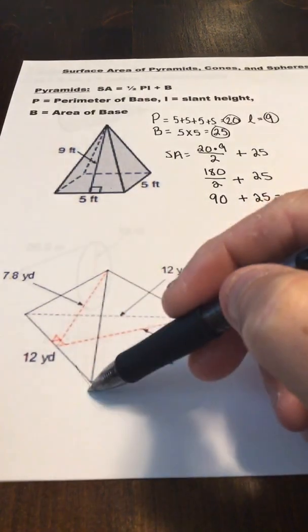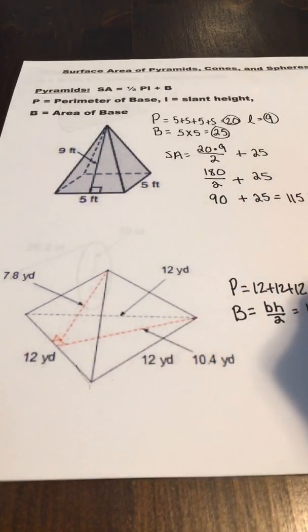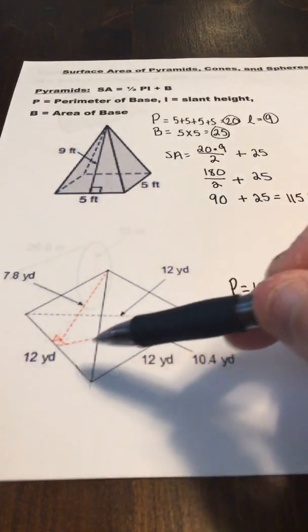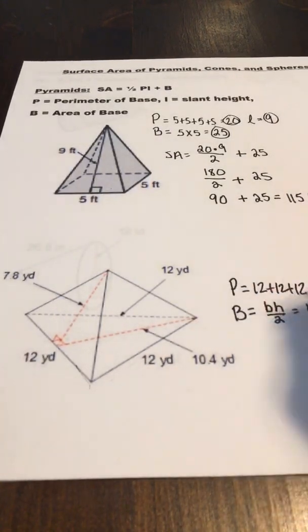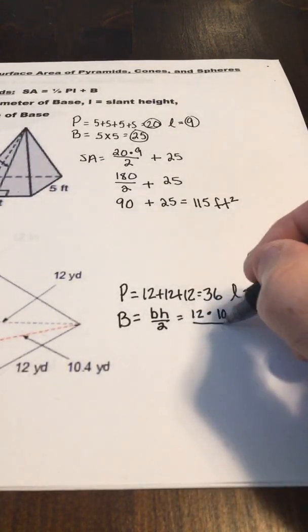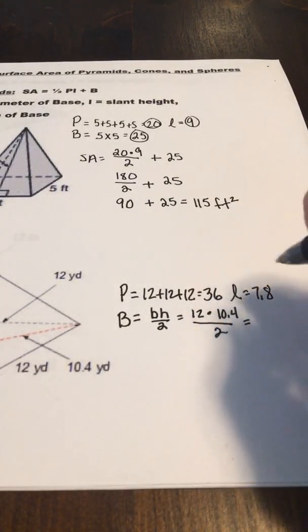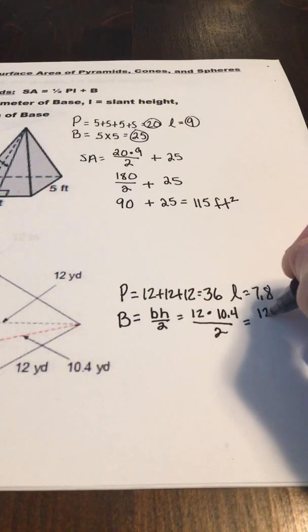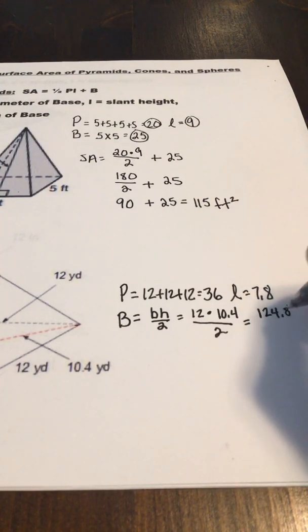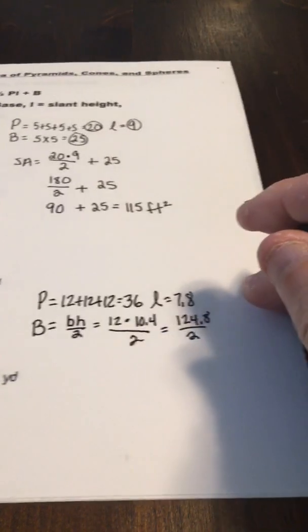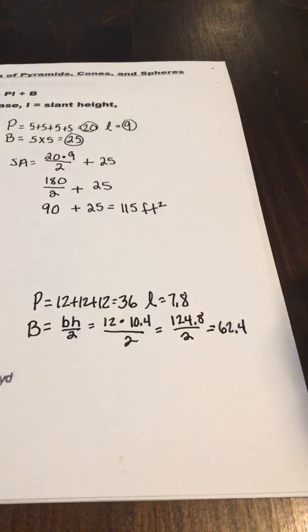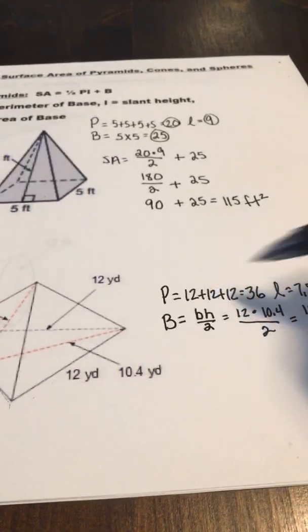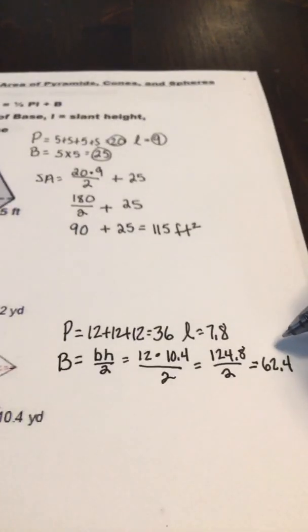The base is 12 times the height of the triangle, which is right here. That's 10.4. And I'm going to divide that by 2. That's going to give me 124.8 divided by 2, which is equal to 62.4. So I got P, L, and big B.